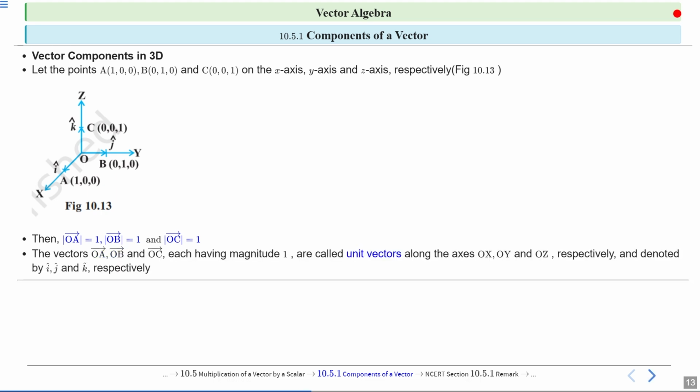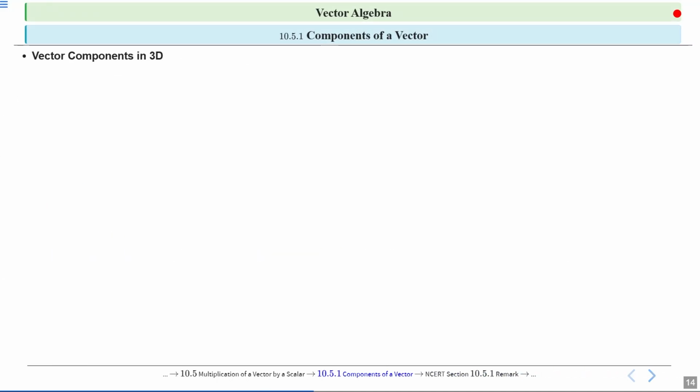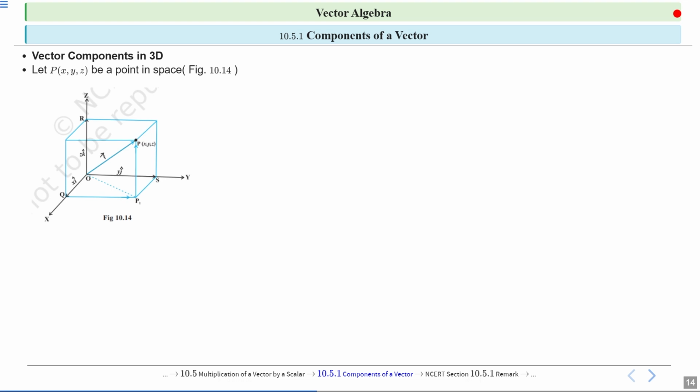The vectors OA, OB, and OC, each having magnitude 1, are called the unit vectors along the axis OX, OY, and OZ respectively, and denoted by i cap, j cap, and k cap respectively, okay? So let P (x, y, z) be a point in space.